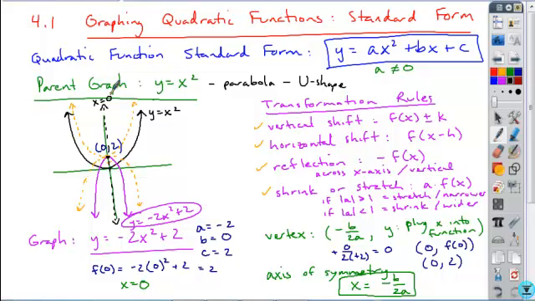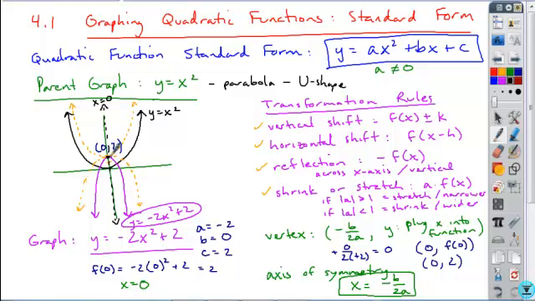And then the final concept that you need to be aware of is whether your vertex is a maximum or a minimum value. So when you look at this purple graph here, is this vertex the highest possible y value, or is it the lowest possible y value of the graph?